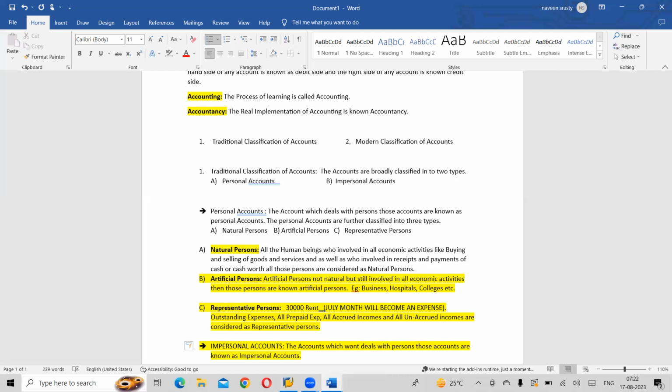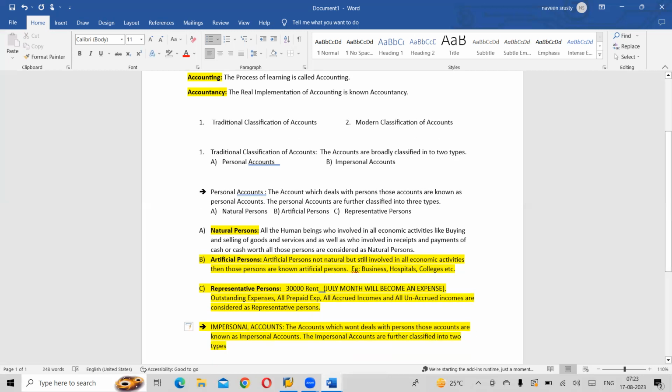For example, the impersonal accounts are further classified into two types.